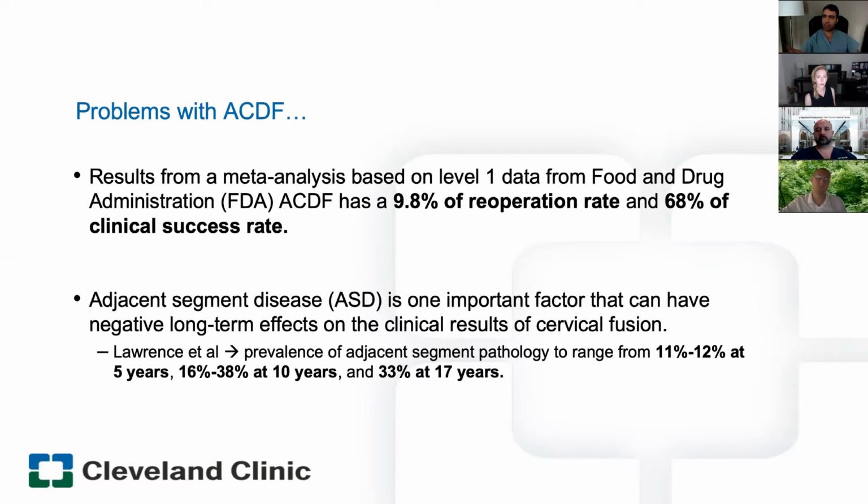ACDF is the gold standard. It's a phenomenal surgery. We know it works. The literature has been around for decades and decades. Here's the thing. If you follow these patients out over time, and I'm not talking about 1 or 2 years, I'm talking about 10, 15, 20 years after their surgery, there's a relatively high reoperation rate and what we would deem to be a clinical success rate, meaning there's a reversion back to the mean.